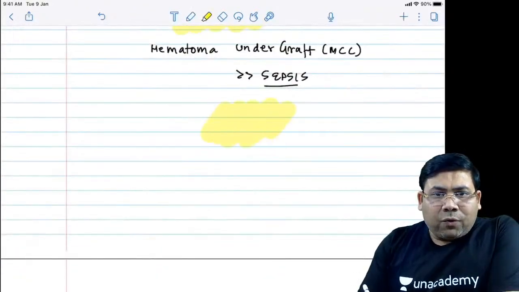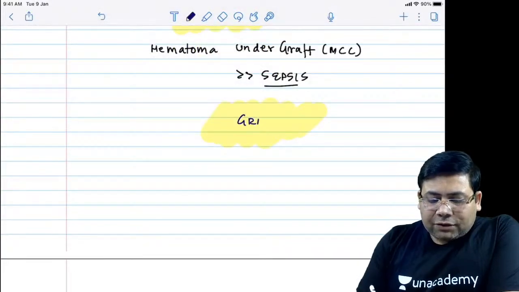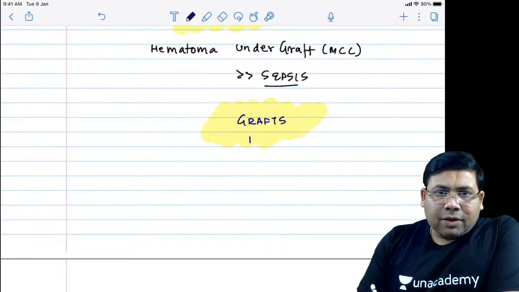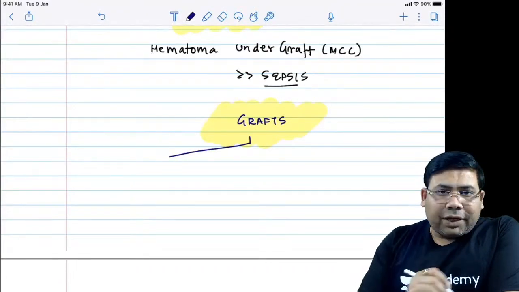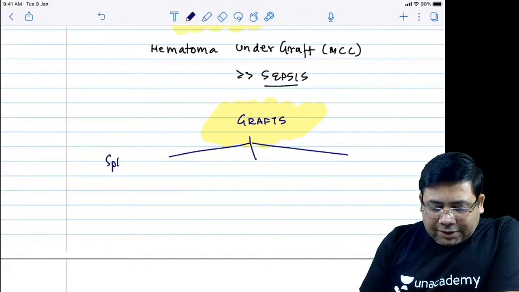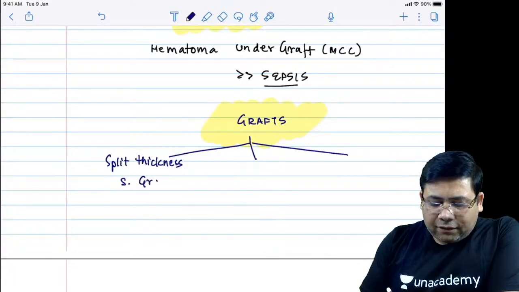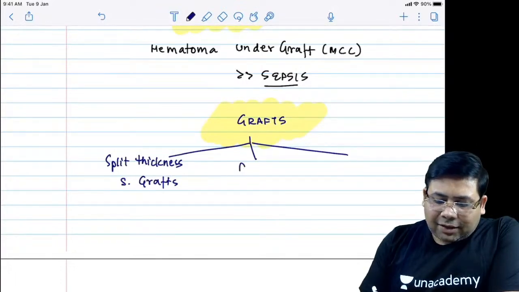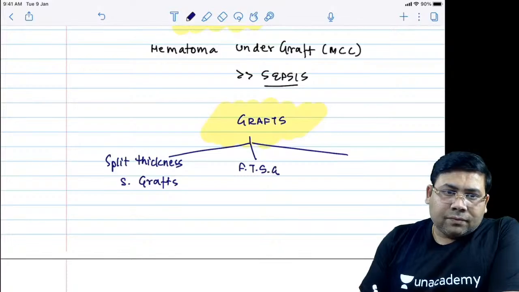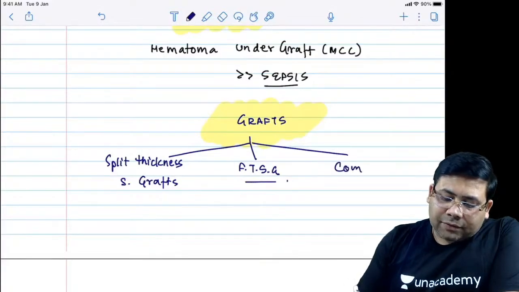The next is, what are the types of graft? Can anyone tell me quickly? The grafts are of 3 types, basically. We have split thickness skin graft. We have full thickness skin graft, and we have the composite graft.